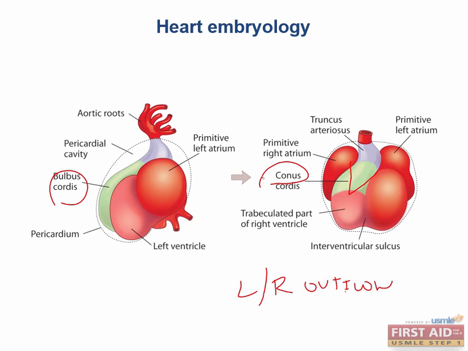It will directly feed blood into the truncus arteriosus, and a cone is a very smooth structure. It will create very laminar flow, and we want that for it to flow out of the truncus arteriosus, which will split into the pulmonary and arterial trunks. It should make sense that this conically shaped conus cordis is going to form the smooth parts of the left and the right ventricular outflow tracts.